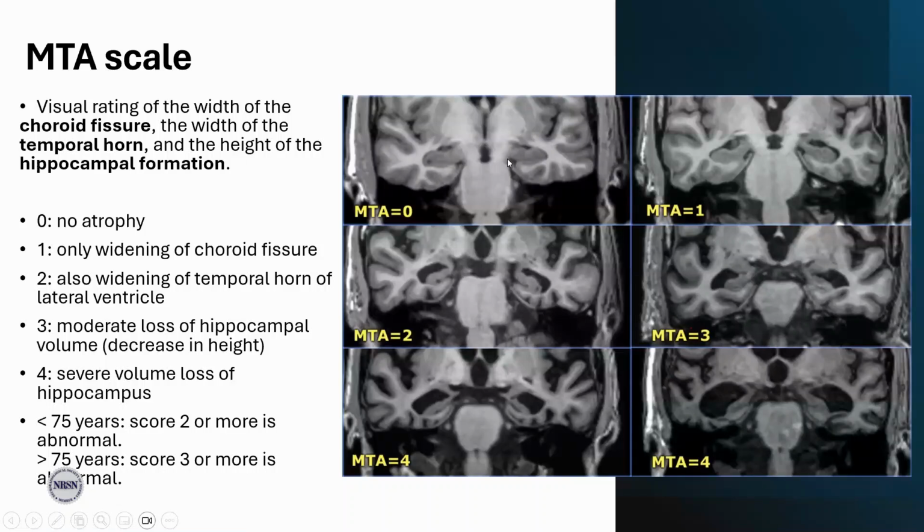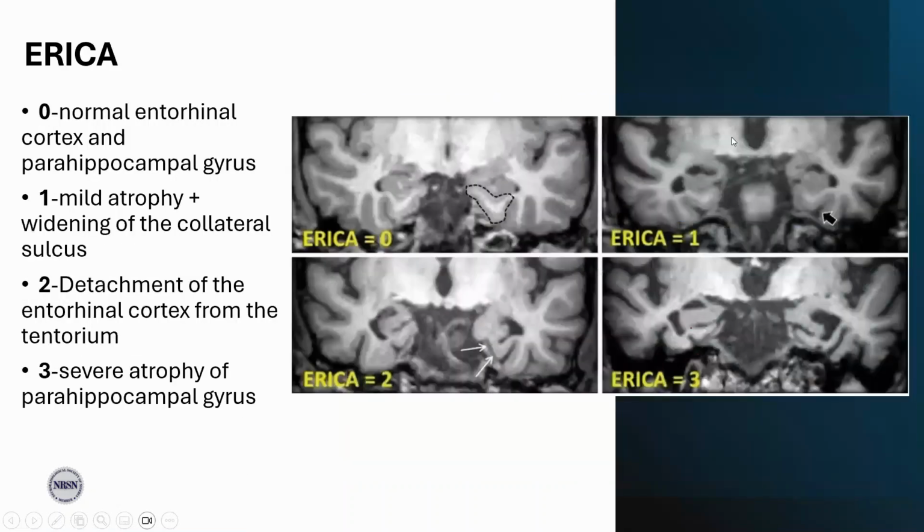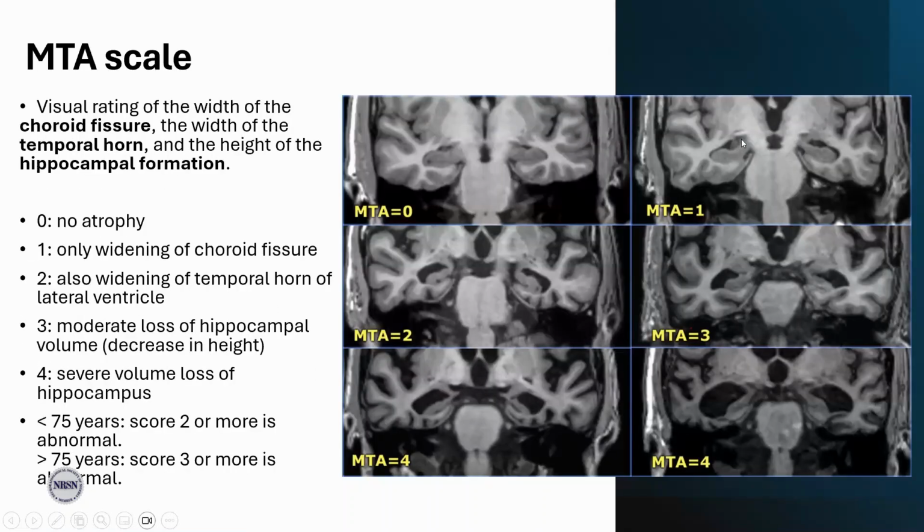There is no atrophy seen bilaterally, and the truth is you can have asymmetric MTA scores. So you can have an MTA for the right as 1 and the one for the left as 2 or 0, as it were. So a class 1, or a score of 1 for the MTA scale, just tells you that there's some widening of the choroid fissure, which is seen here bilaterally.